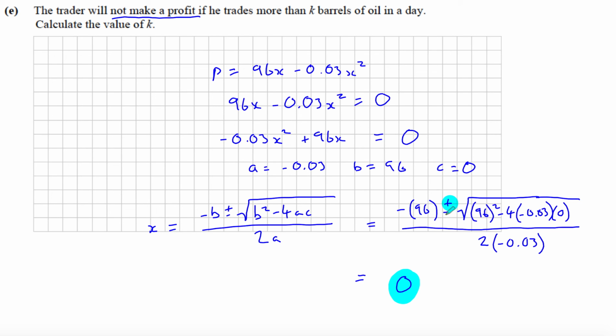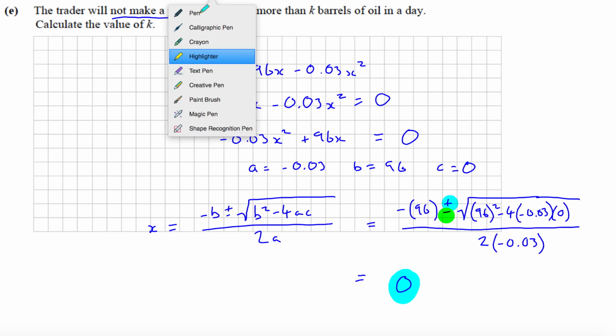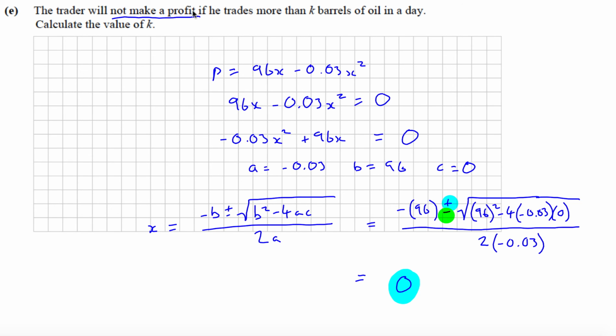And when we do it with the minus sign, we get an answer of 3,200.